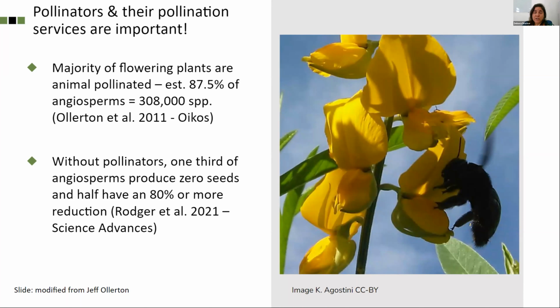And it's also important for agricultural production, and that's why this is related to a community of practice of data in agriculture. So we have this estimate that 75% of the most productive crop plants are animal pollinated.